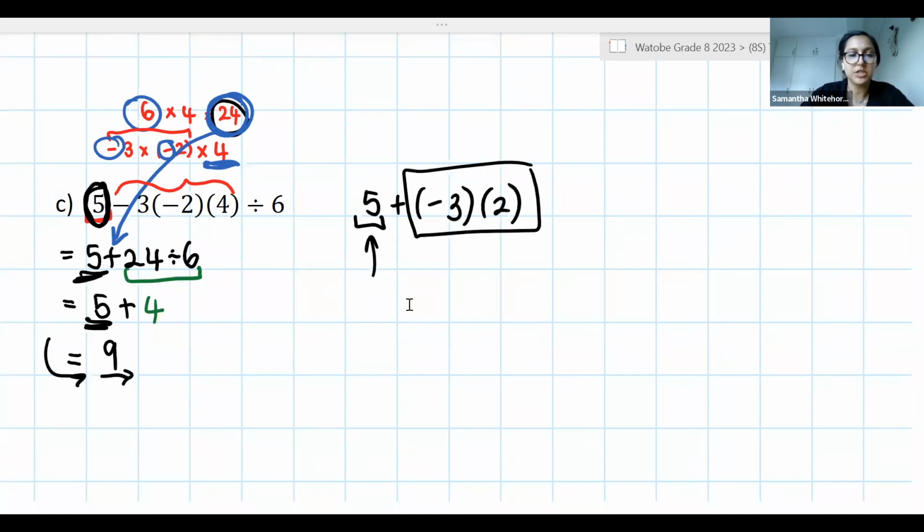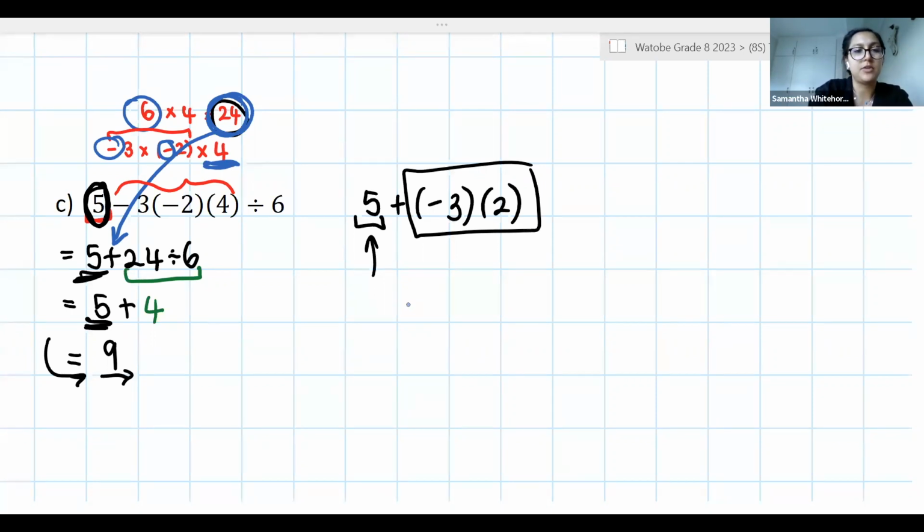You can just make it up so that I can see what you mean. Ma'am, like I'm saying for C, it's 5 minus 3 and then -2 and 4 divided by 6. So let's say it's like that, but then now the multiply is divided. Is that possible?